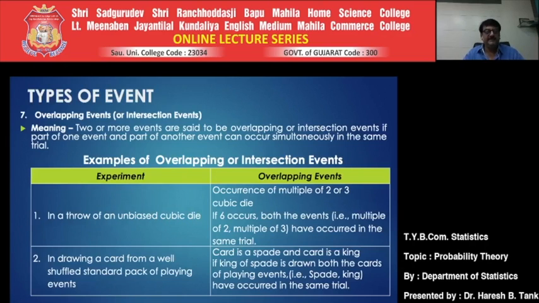Type of events. Overlapping events, or you can say intersection events. Two or more events are said to be overlapping or intersection events if part of one event and part of another event can occur simultaneously in the same trial.